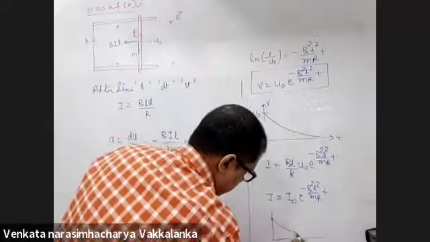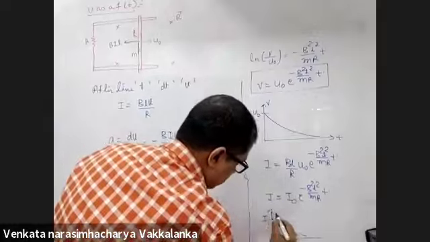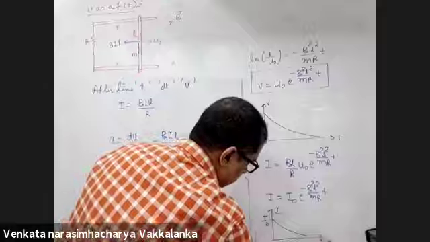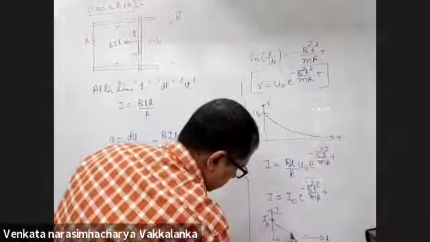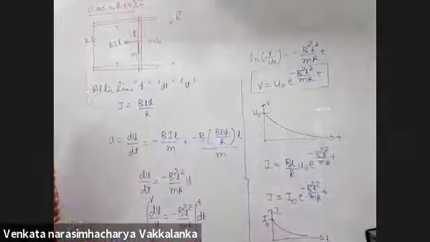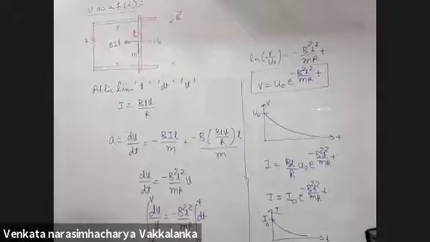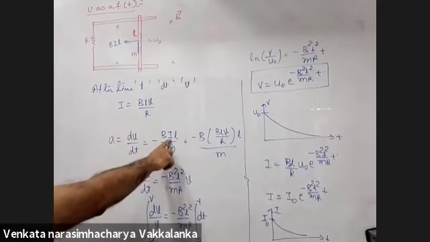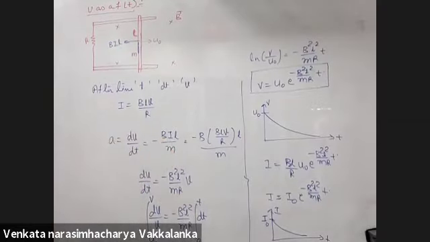Once again, it is an exponentially decreasing I, I as a function of time. The current will be exponentially decreasing. So as the current decreases exponentially, the decelerating force decreases exponentially, as a result of which the velocity will also decrease exponentially.